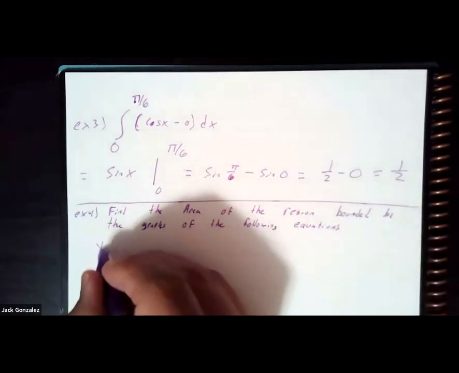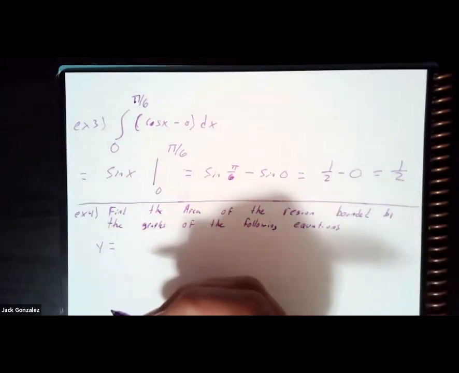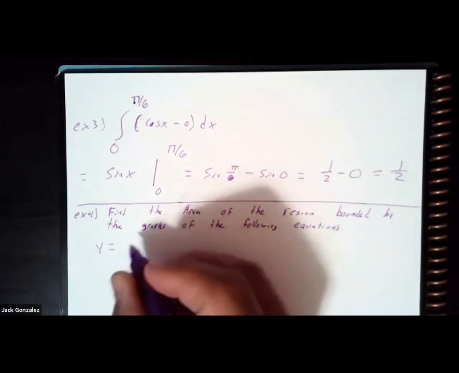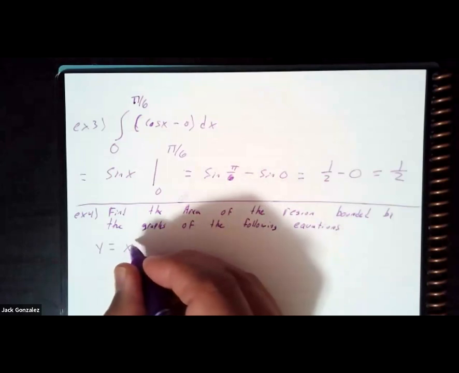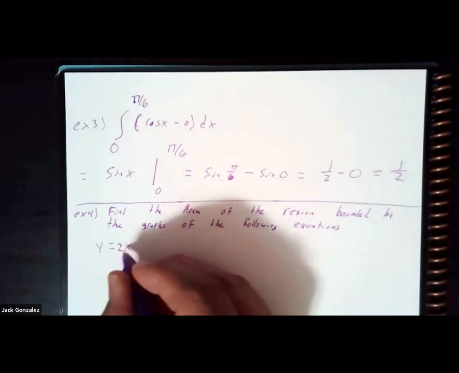So basically they're telling you that there's a region, just like we had that picture earlier, bounded by the following. So they're not giving you the picture. You have to graph it yourself.